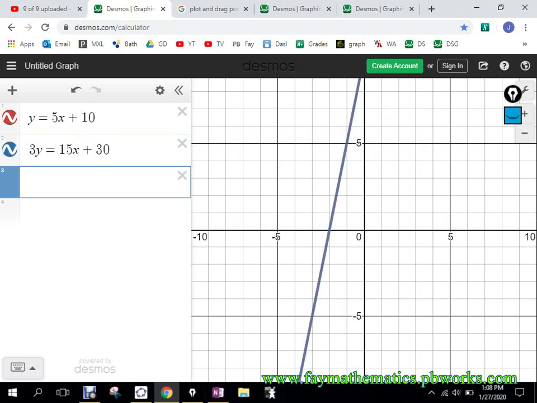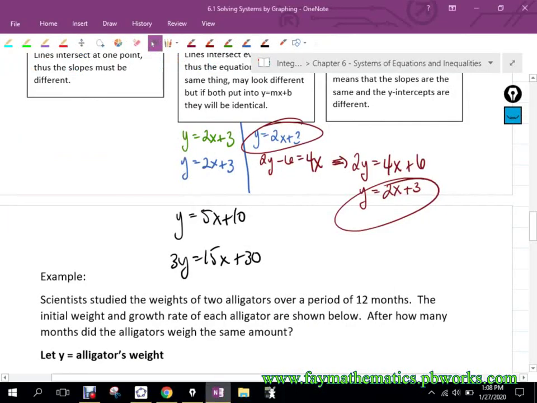Are they the same thing? Yeah, and it's because this one is just 3 times as big as this one. That makes sense, everybody? All right. So because everything is 3 times as big, nothing changes. Those are all little relationships that we need to be able to recognize.